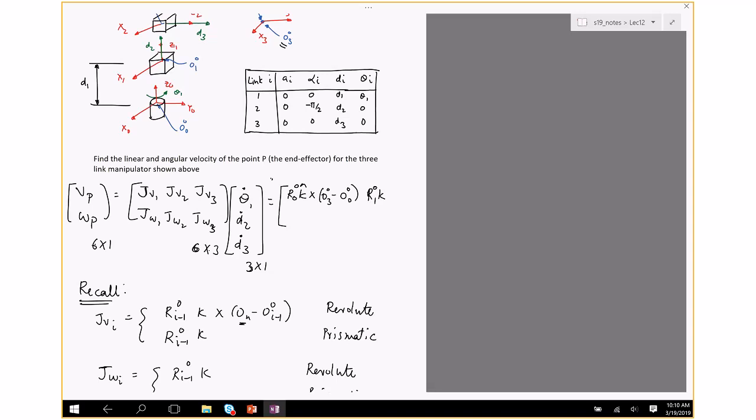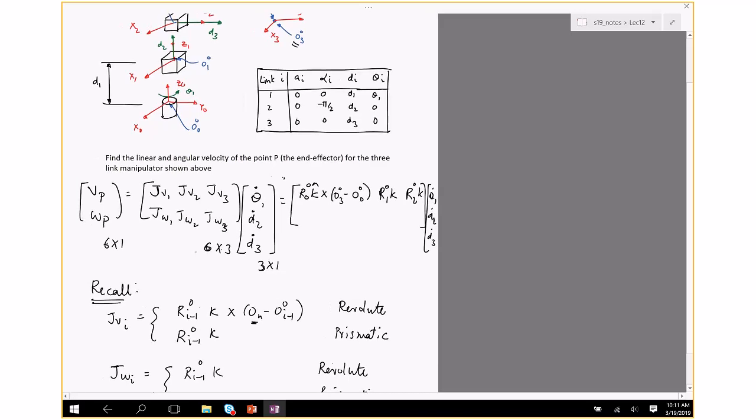The prismatic joint formula is this. I put I equals 3, so R2 with respect to 0. This is theta 1 dot, D2 dot, D3 dot.